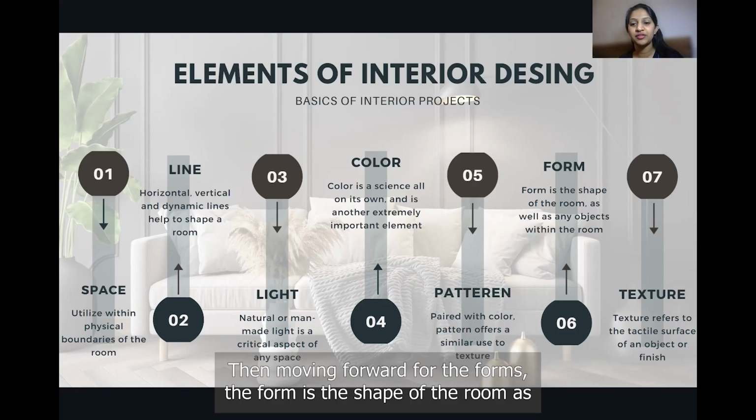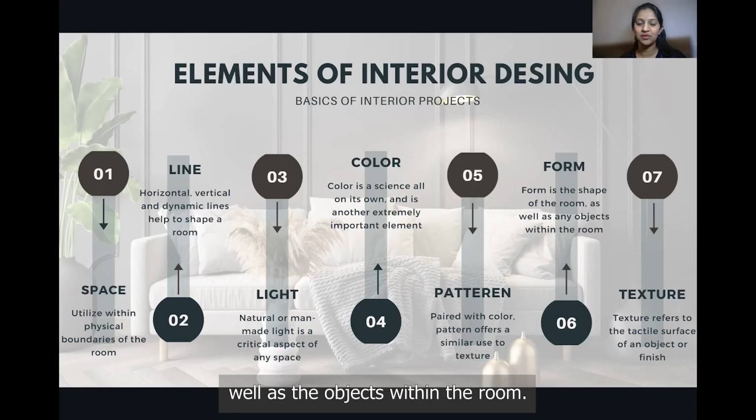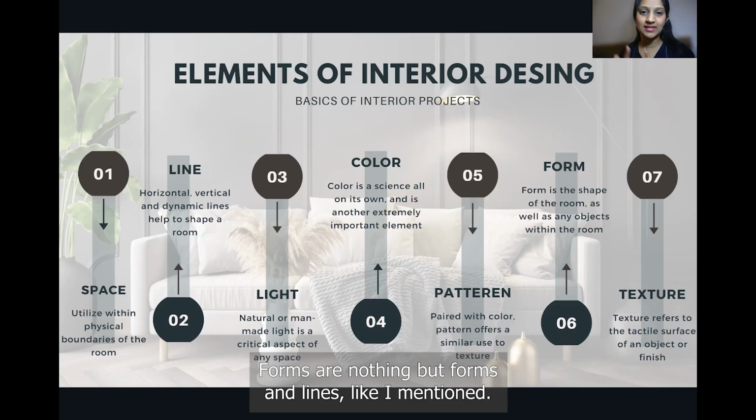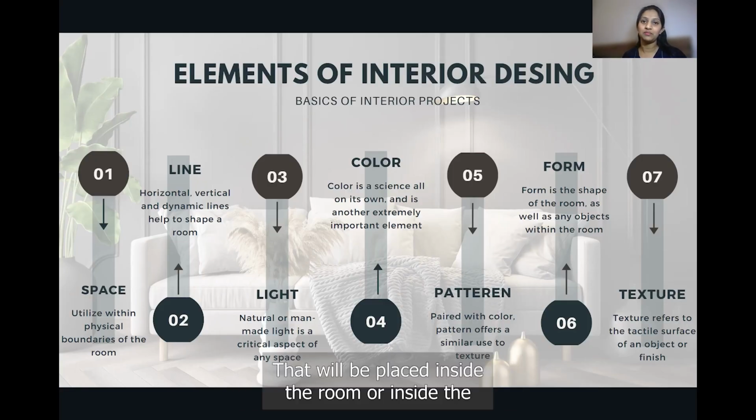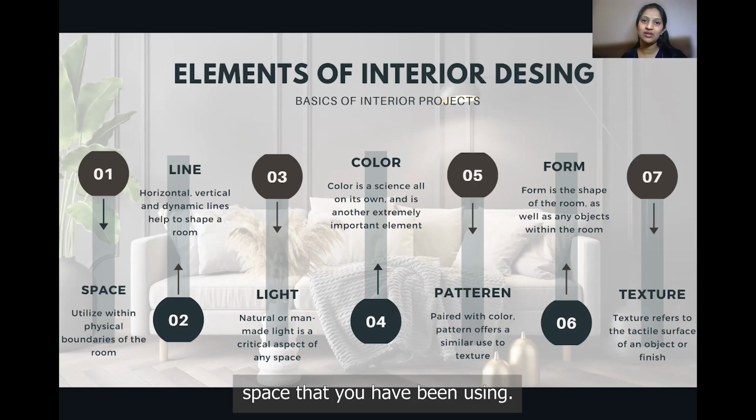Then moving forward to forms. Form is the shape of the room as well as the objects within the room. Forms are nothing but forms and lines, like I mentioned. These are the various fixtures and furniture that will be placed inside the room or space you are using.